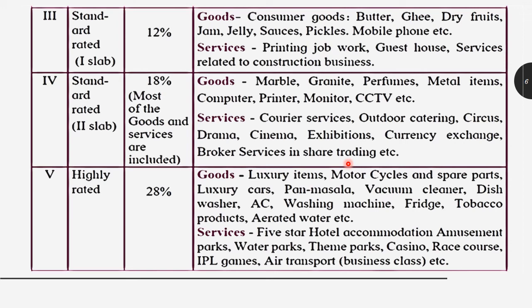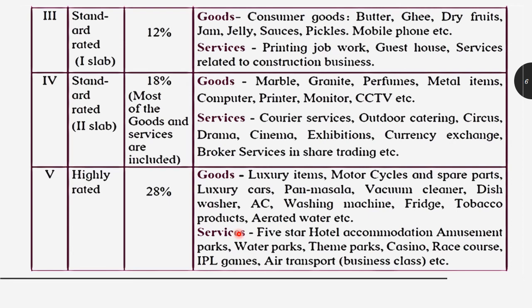Next, the fifth comes the highly rated. In highly rated, that means 28% GST. So the goods are luxury items, motorcycles and spare parts, luxury cars, pan masala, vacuum cleaner, dishwasher, AC, washing machine, fridge, tobacco products, aerated water, etc. So those carbonated drinks will come under aerated water, and all other things which are written here.